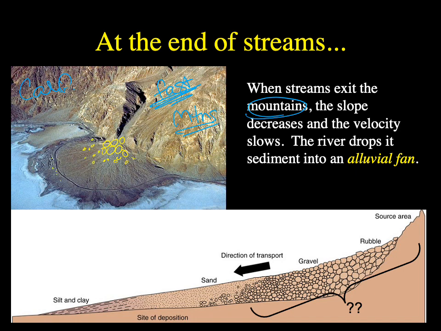And then the really fine-grained stuff will drop out last. So this fan-shaped or lobe-shaped feature is called an alluvial fan. Alluvial just means from a river. So this is an example of an alluvial fan. And alluvial fans are only found right near mountains.